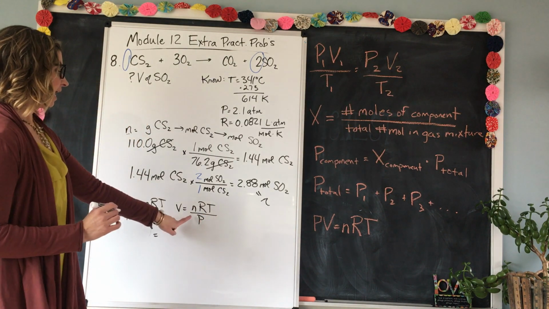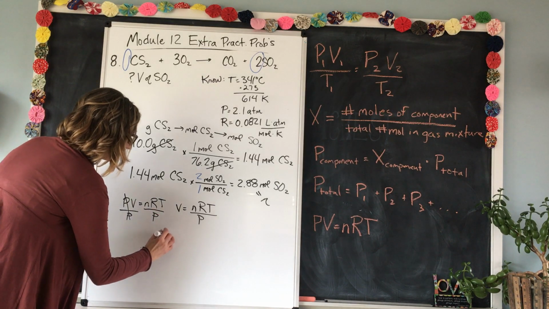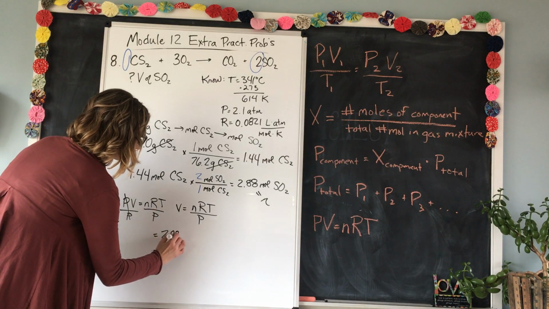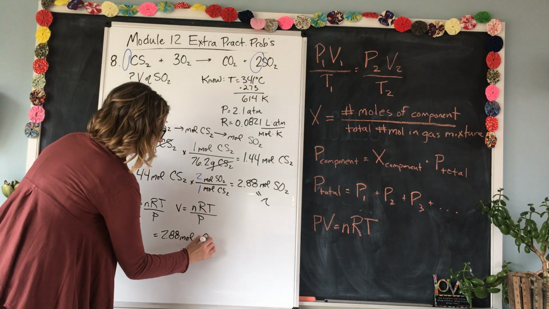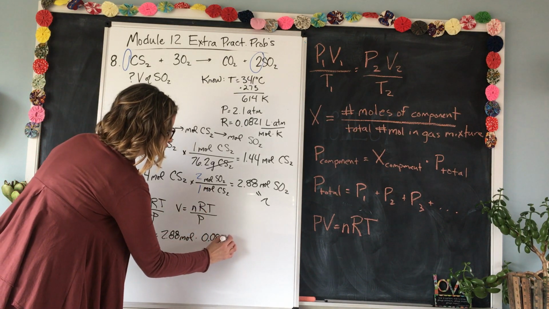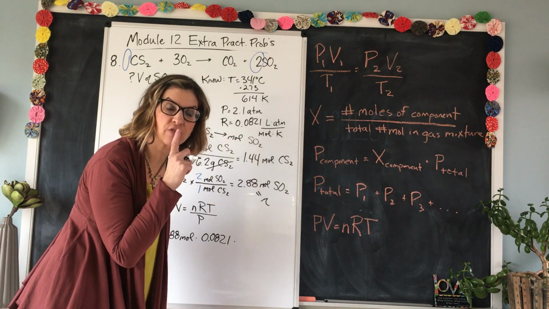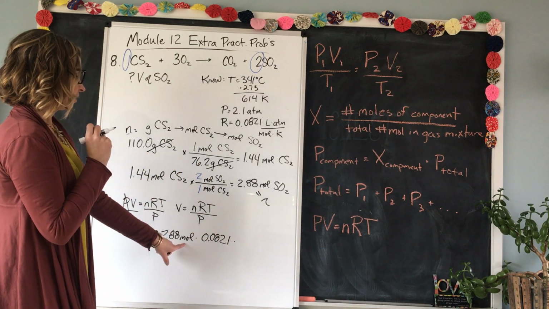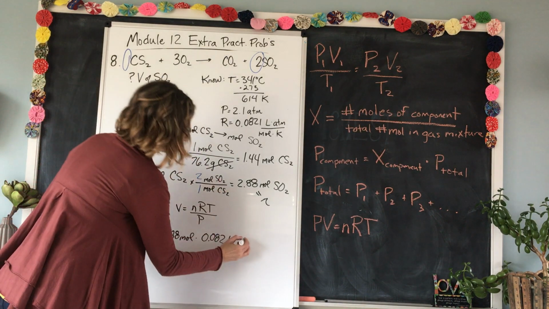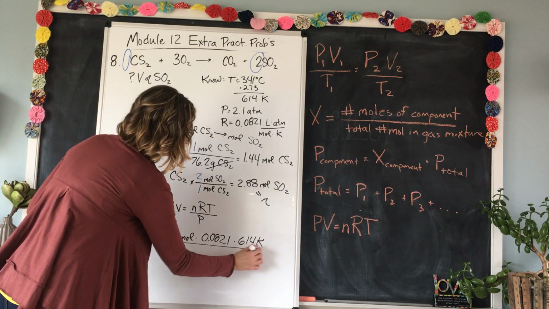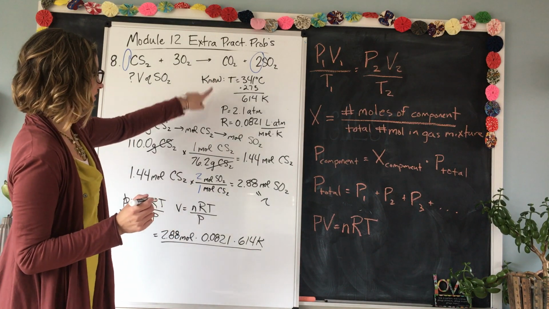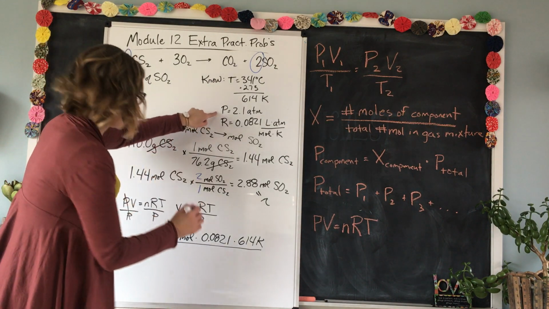N is 2.88 moles times R, which is 0.0821, with all the units, times the temperature, which was 614 Kelvin, all divided by the pressure, which was 2.1 atmospheres.